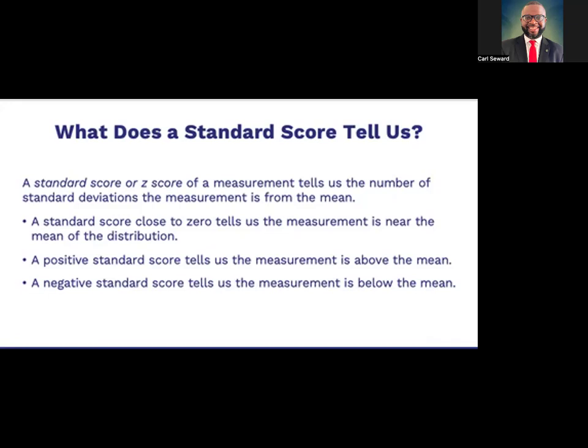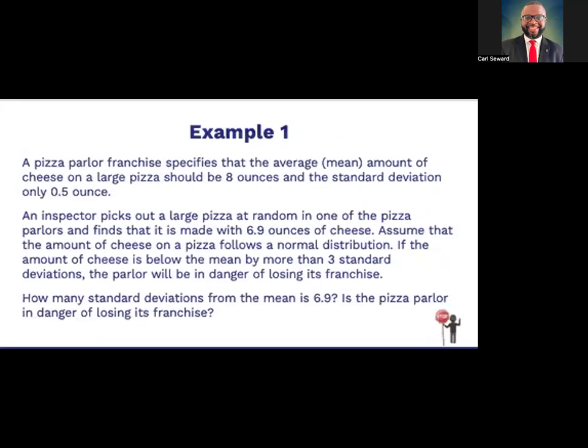So now that we've set the table of the theory, I want to provide you an example. Suppose the average amount of cheese on a large pizza should be 8 ounces with a standard deviation of only 0.5 ounces. An inspector finds a pizza with only 6.9 ounces.